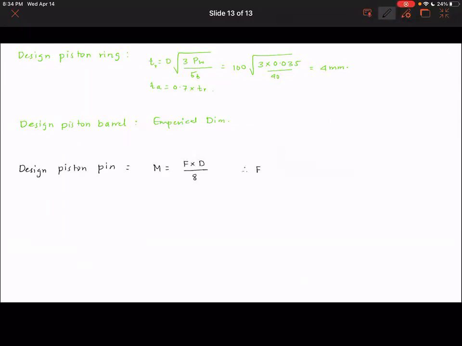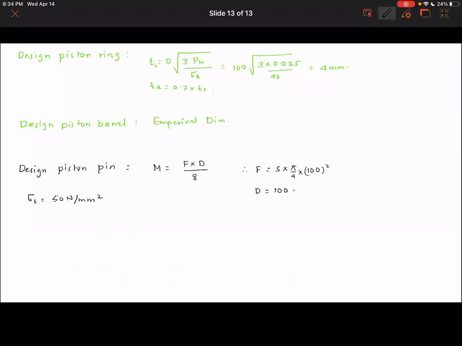F is the maximum gas force, and that is the maximum pressure, which is 5 times pi by 4 times 100 square. And you know the value of D, 100. You can use the material for pin to be about 50 Newton per millimeter square.